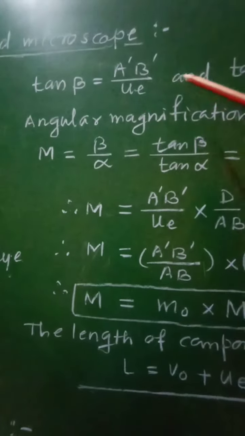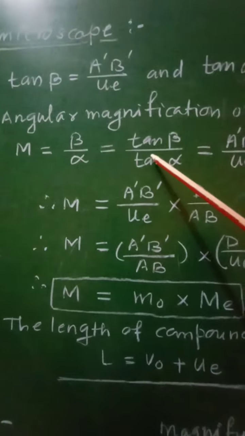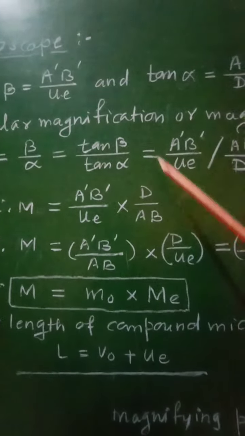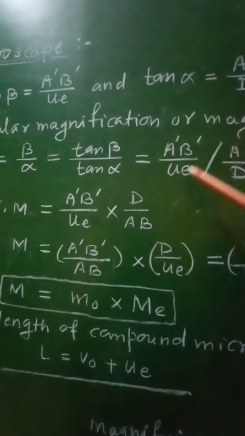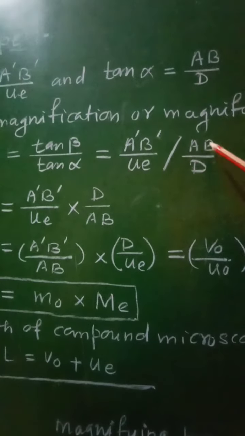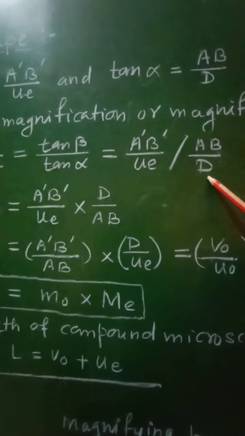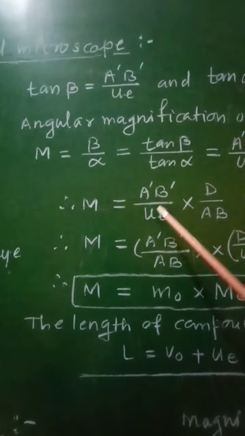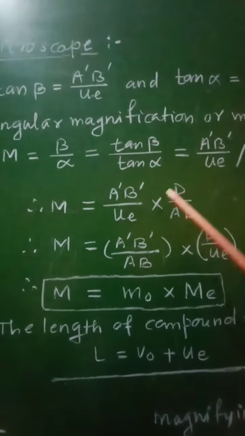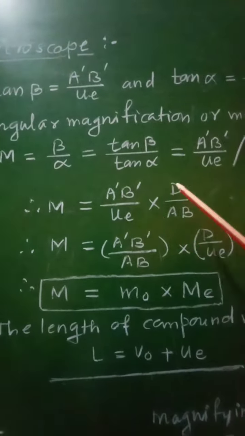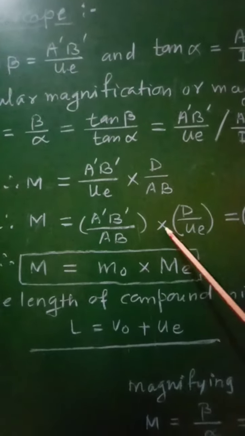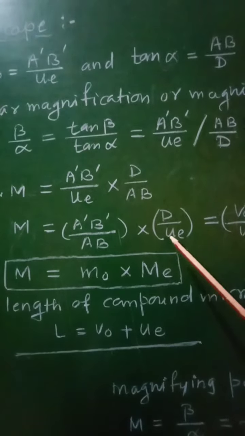But here we have taken tangent of alpha and beta, and therefore tan beta upon tan alpha will be equal to, putting these values, A'B' upon UE divided by AB upon D. So that will be written as m equal to A'B' upon UE into D upon AB. Rearranging the terms, we can write m equal to A'B' upon AB into D upon UE.